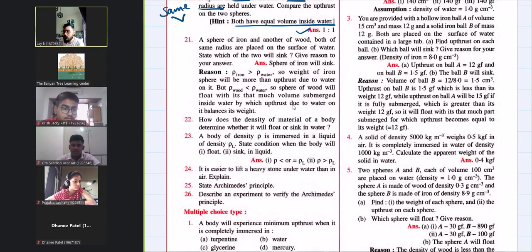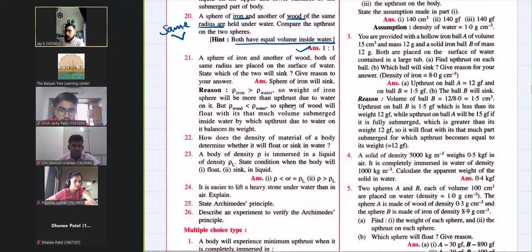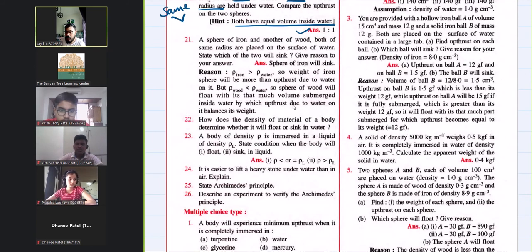A sphere of iron and another of wood, both of the same radius, are placed on the surface of water. State which of the two will sink. Give reason for your answer. The iron sphere will definitely sink because the density of iron is greater than the density of water. So the weight of the iron acting in the downward direction will be more than the upthrust in the upward direction.